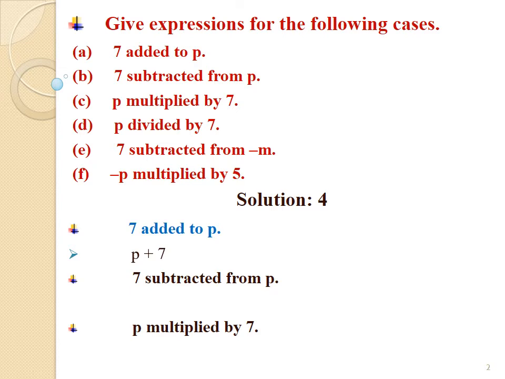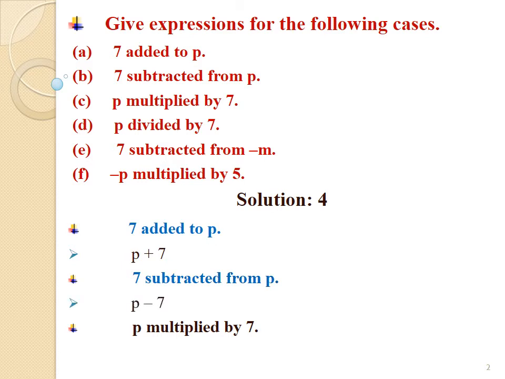Students, note that 7 is subtracted and not p. So, we have to write the expression accordingly. So now, let us write the expression using minus sign. Thus, the expression for this statement is p minus 7.